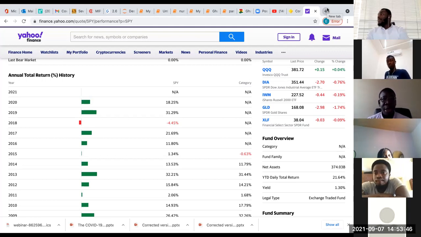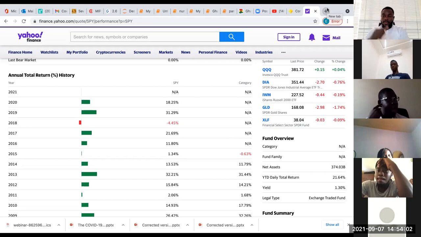So maybe, which example can I give you? Okay, so that's an example that I usually give. Making money in the stock market is like earning dollars.